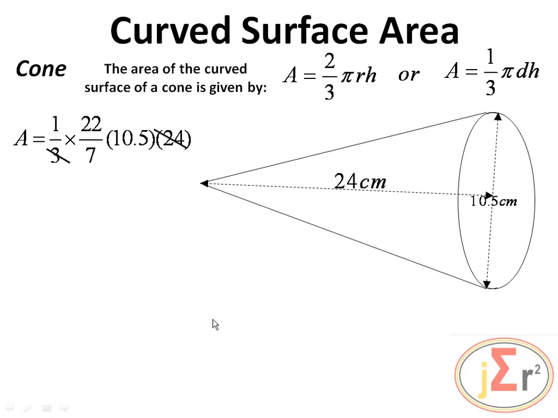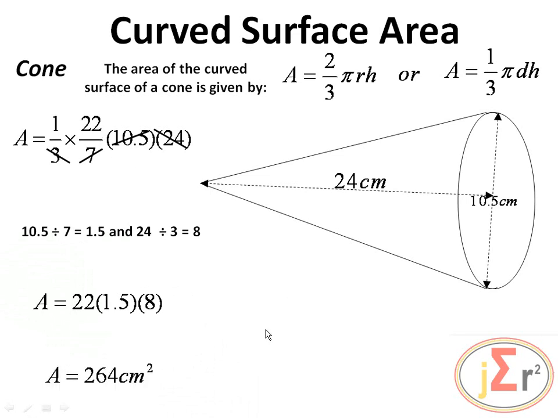And of course, some simplification, right? And 7 into 10.5 is 1.5. So what do we have? 22 times 1.5 times 8. We have 264 centimeters squared.